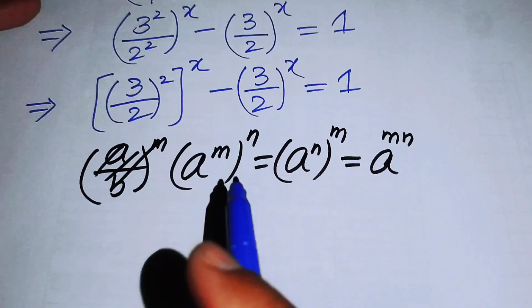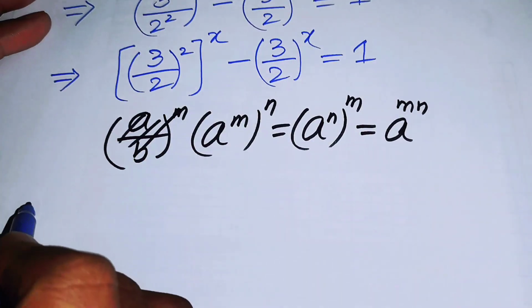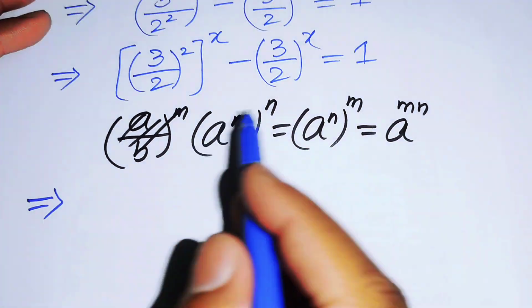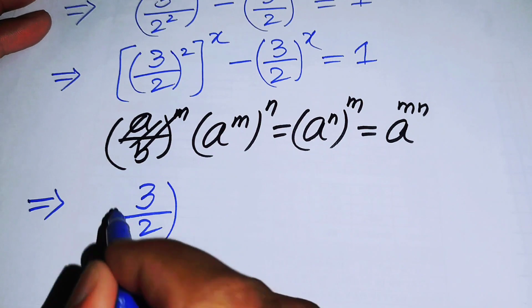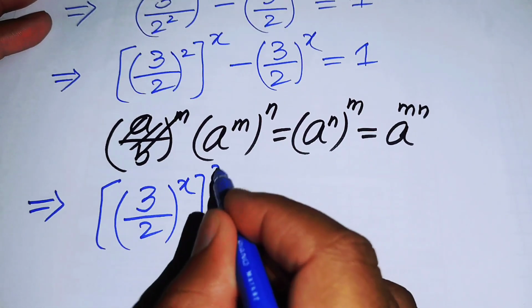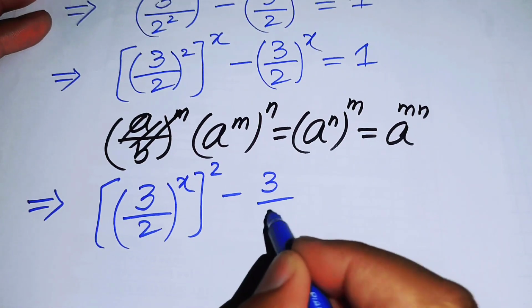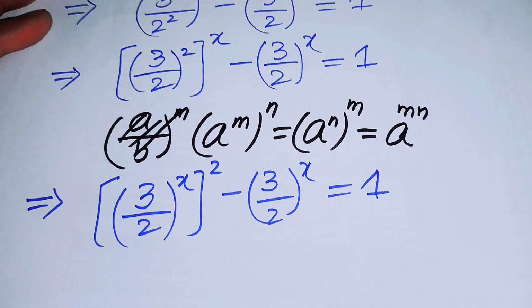So I can interchange these two exponents because it does not affect the answer, and write it as 3 over 2 to the power of x, whole square, minus 3 over 2 to the power of x is equal to 1.